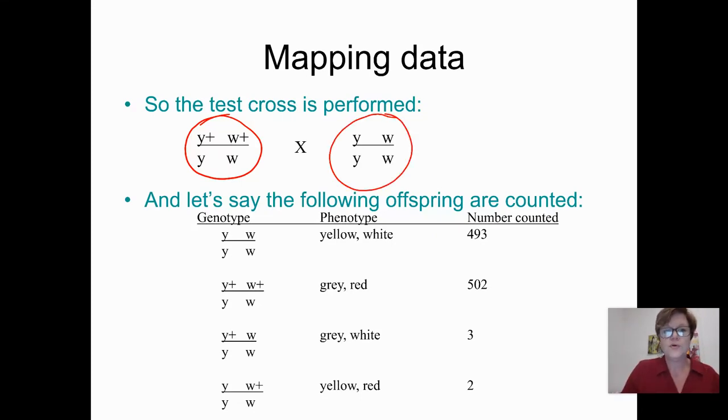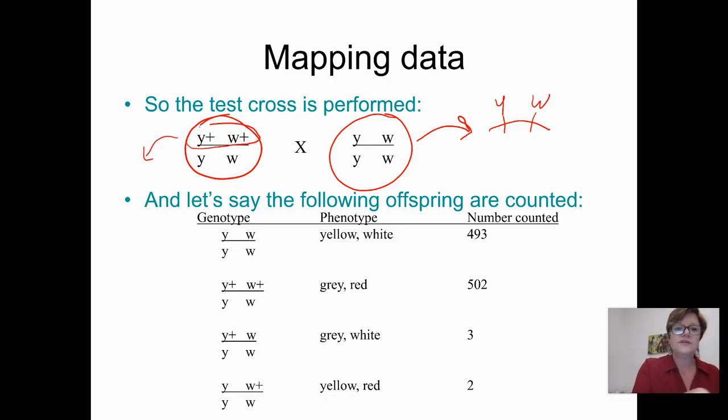Now, first, of course, in the mother's body, the gametes would be formed. In the father's body, the gametes would be formed. We know for the father, all the gametes would have a chromosome with a Y and with a W. But for the mother, when her body makes gametes, since these genes are linked, most of the gametes would have a chromosome with a Y plus W plus, or a chromosome with a YW, and only a smaller number would have the crossover types.